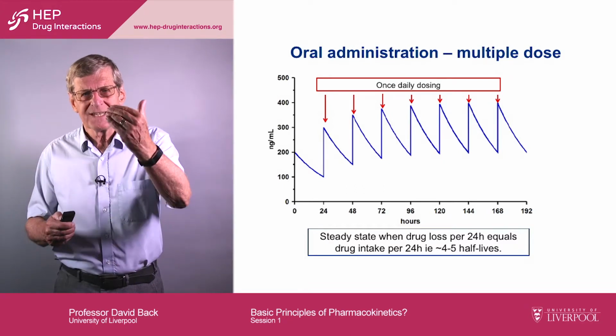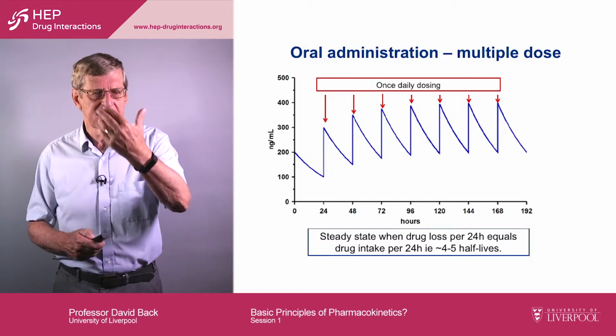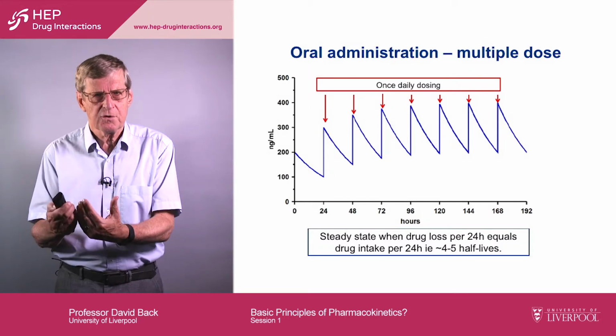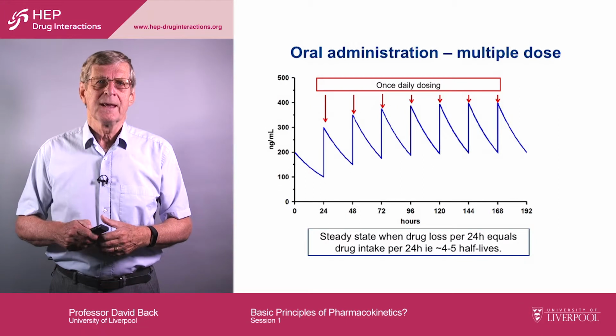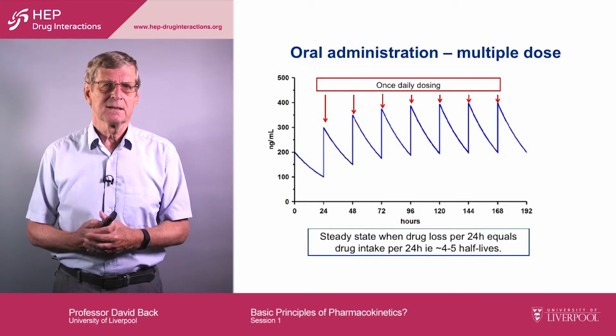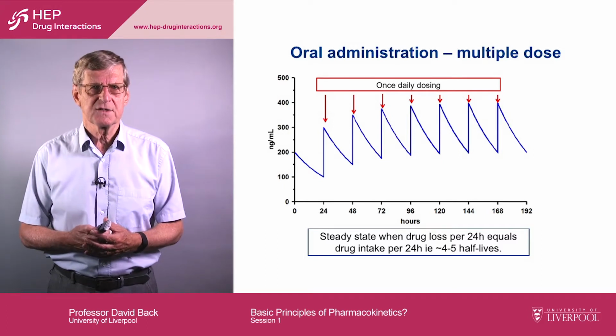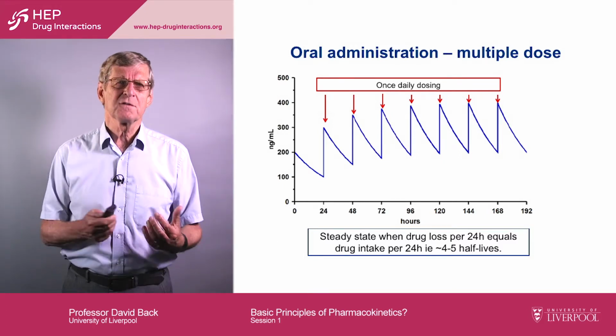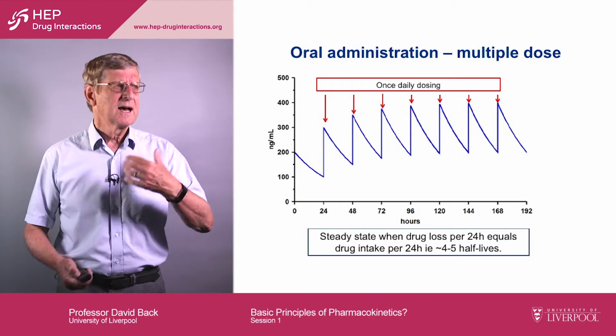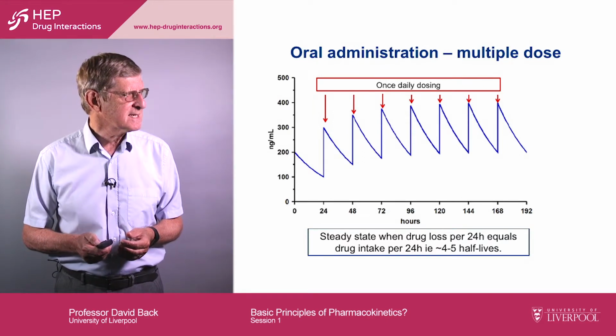And then you've arrived at a steady concentration. You've got a steady Cmax and a steady trough concentration of the drug. And the time to get to that steady state is around the 4 to 5 half-lives again. So just remember this 4 to 5 half-lives for elimination, and also to arrive at the steady state of the drug.